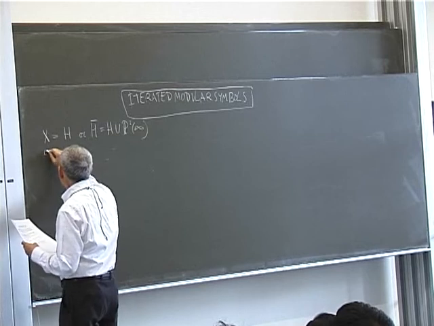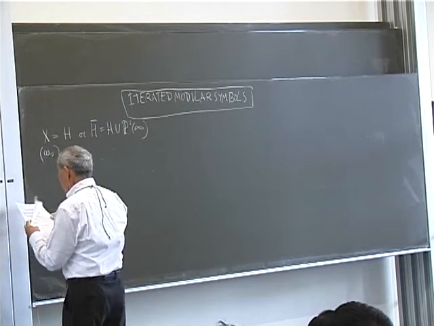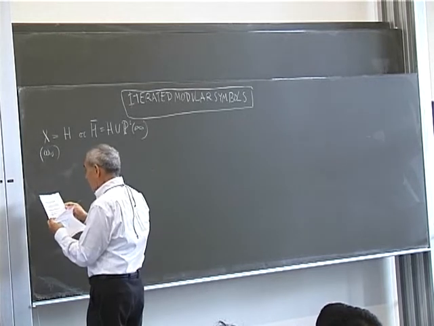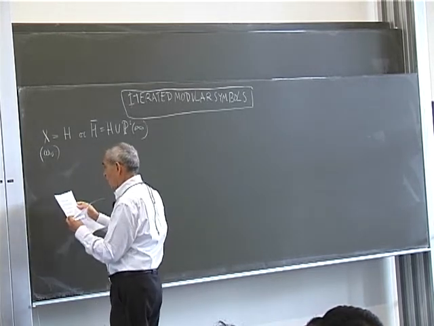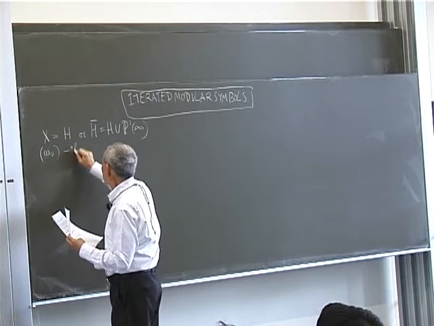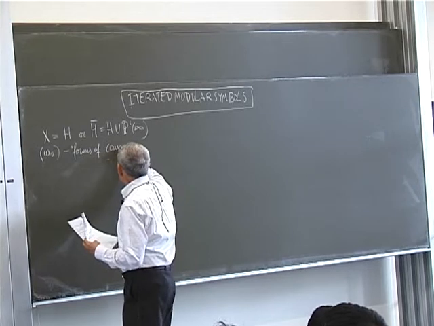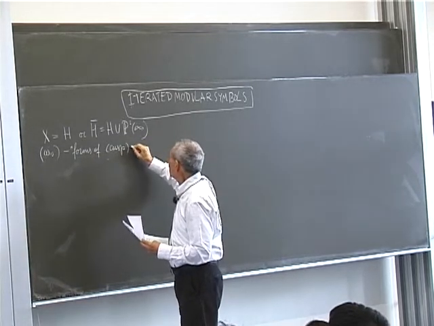Omegas will be, I'll write now just formally, but they will be forms of modular type or cusp modular type. I will write the definition a little bit later.